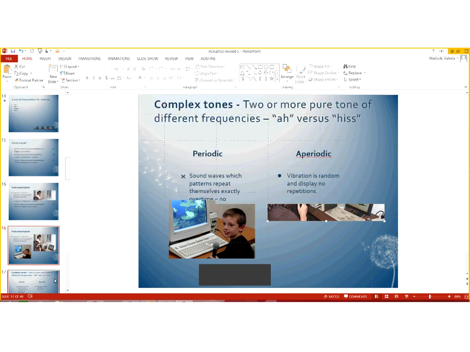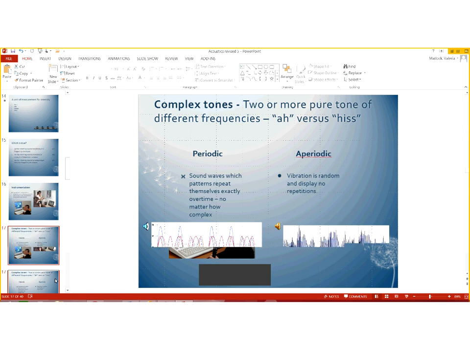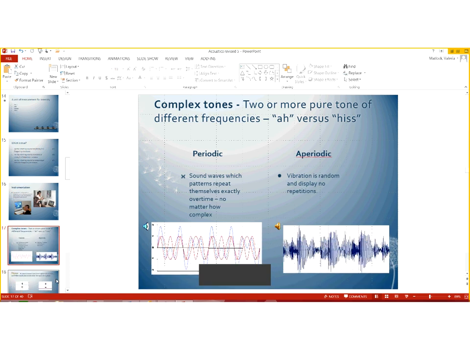Okay. Earlier we talked about complex tones. So far we've just been talking about pure tones, 1 cycle per second, or one swing swinging. When we speak, our vocal folds are vibrating, but they produce multiple frequencies.